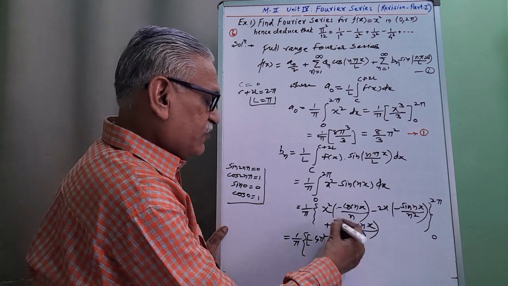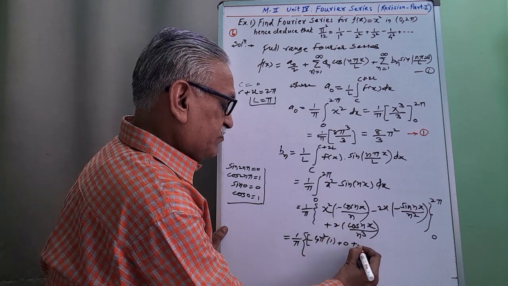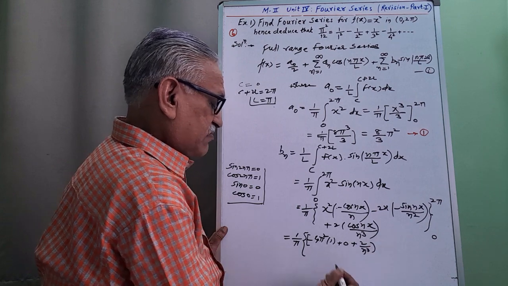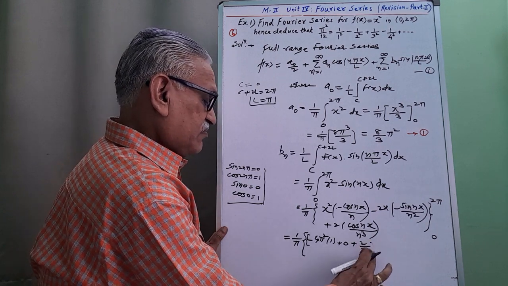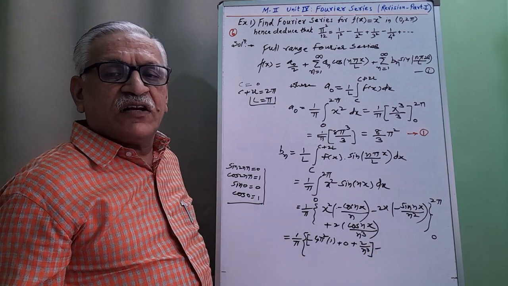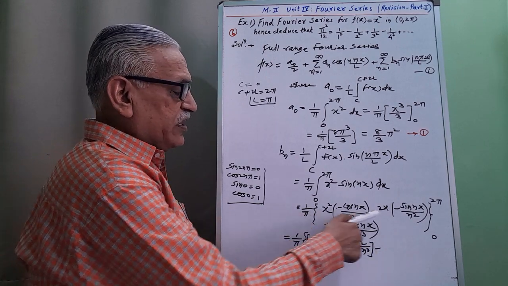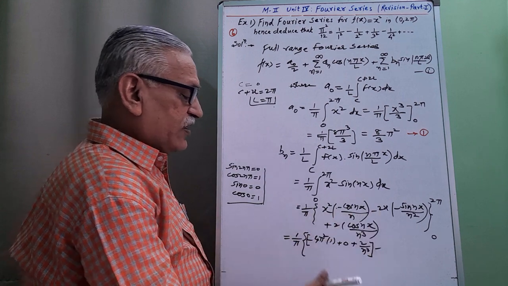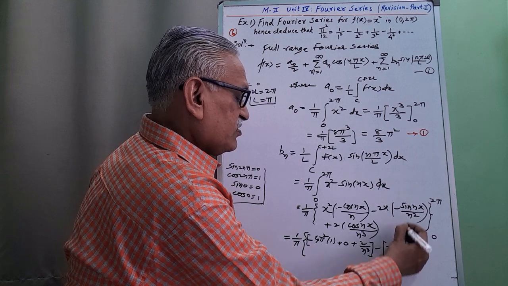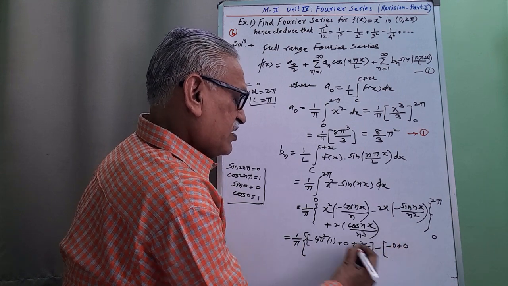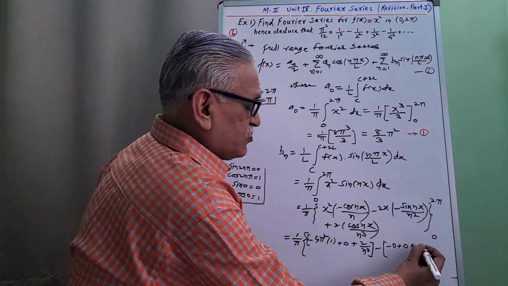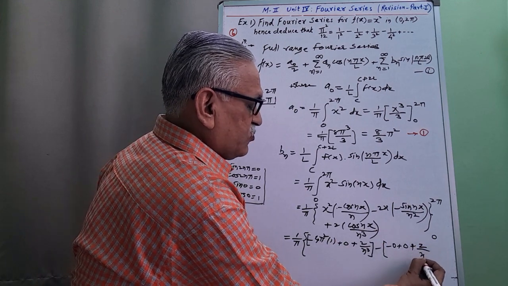Cos 2n pi is 1, therefore it is 2 by n cube. Then minus for the lower limit, x is 0, and cos 0 is 1, and therefore the terms are minus 0 plus 0 and 2 into 1, that is 2 by n cube.